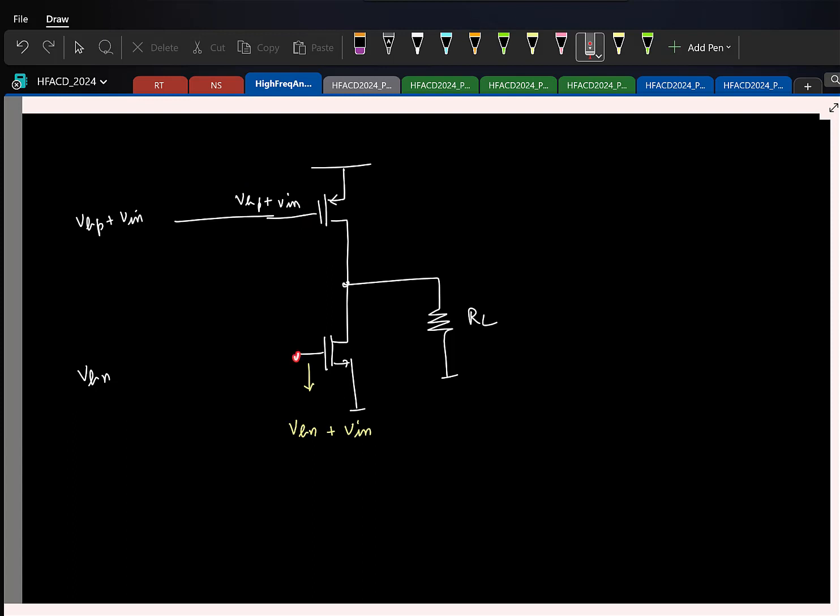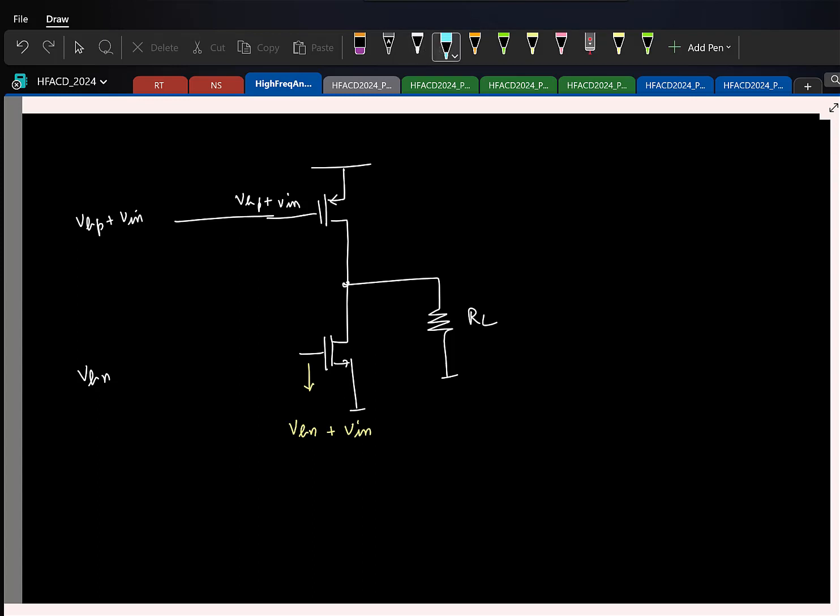I have this bias voltage, I have this signal. How do I combine these two and feed it here? In the first analog circuits course, how do you bias transistors? I have the required bias voltage here. I want to make sure the bias adds here and the small signal adds here. I know the voltage, I don't need to generate it.